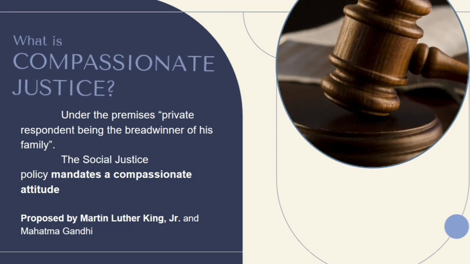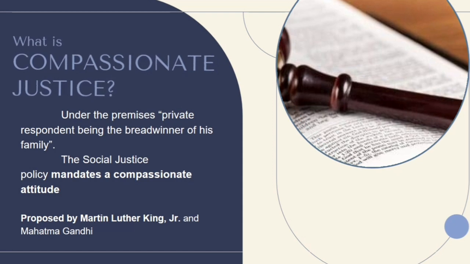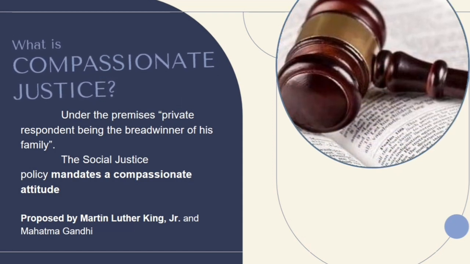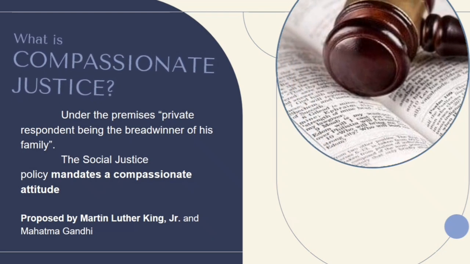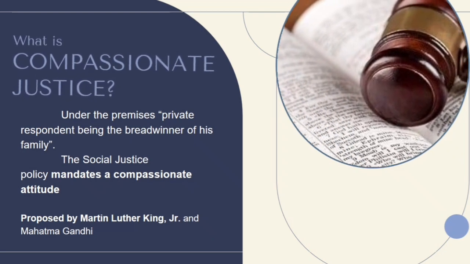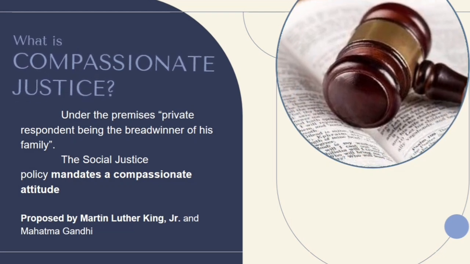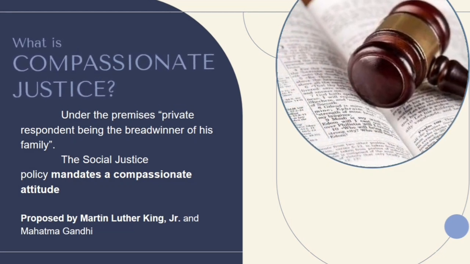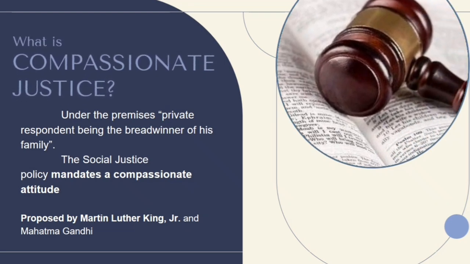This idea of compassionate justice was made famous by Martin Luther King Jr. and of course Mahatma Gandhi, because Mahatma Gandhi's claim for democracy, for citizenship rights and freedom on the basis of non-hatred, non-violence, and dignity is an example of compassionate justice.